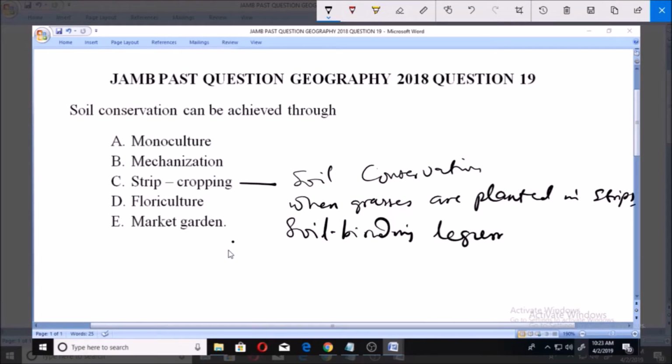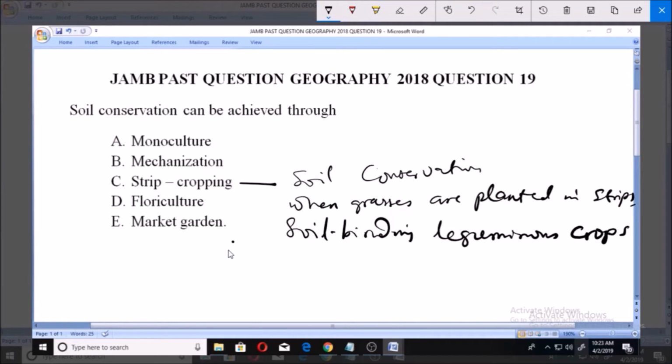These are the types of crops that we use: soil binding leguminous crops and yearly cereals. Now you put them at right angles to the prevailing wind, so that the soil cannot be carried away.